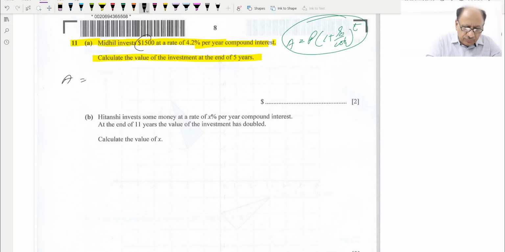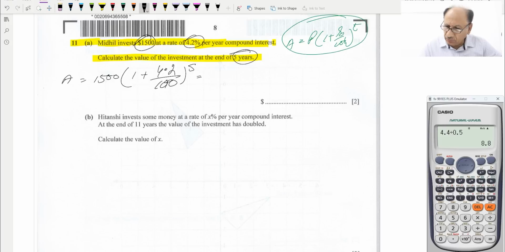Replacing values, the principal amount is 1,500, and then 1 plus 4.2 over 100, raised to the power 5 years.